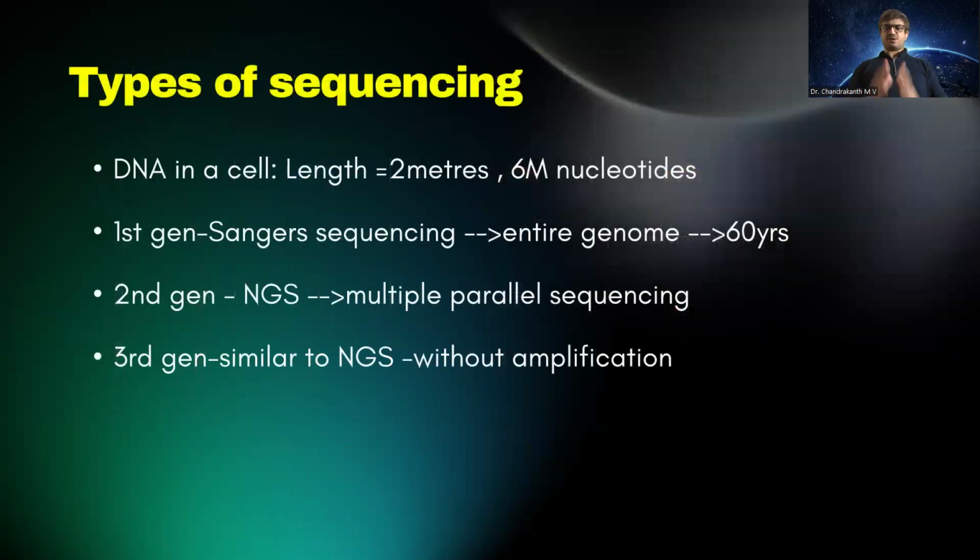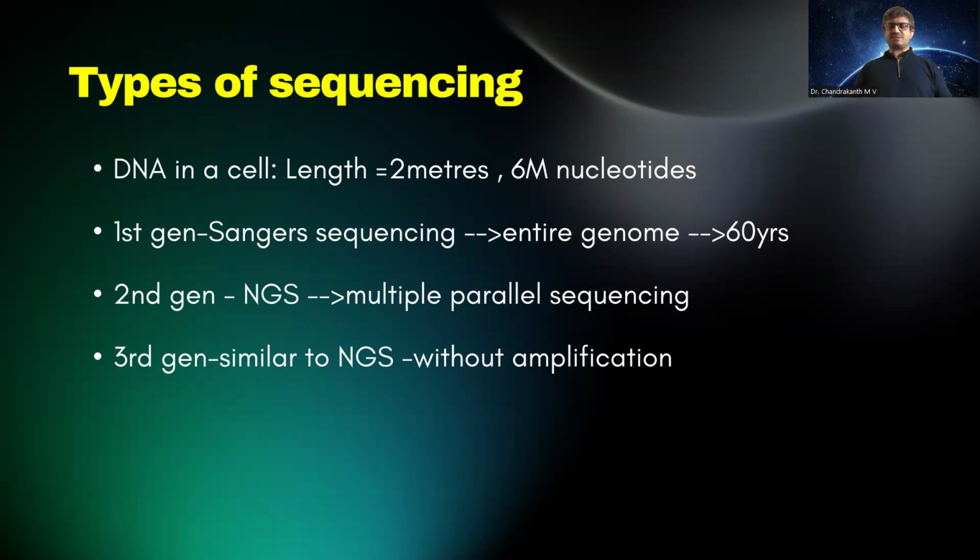Now, how can you sequence? How can you read the codons on the DNA? How can you read the nucleotides in the DNA or an RNA? Well, if I do a normal sequencing, I keep reading linearly, okay, by a Sanger sequencing. The length of DNA in a cell is almost 2 meters that contains 6 million nucleotides.